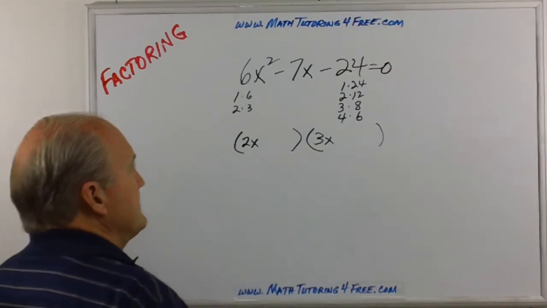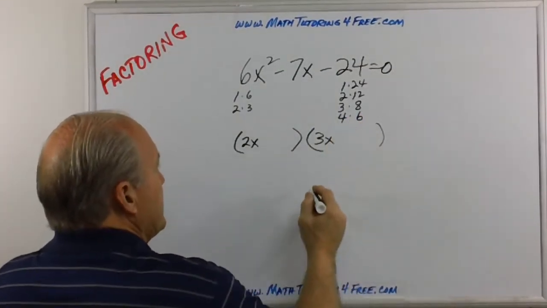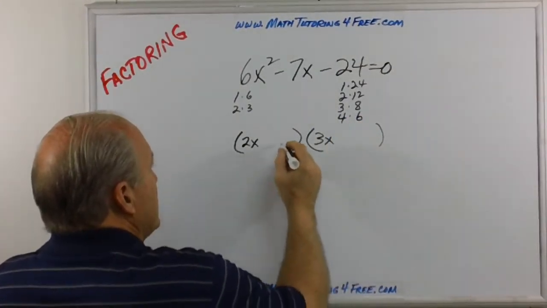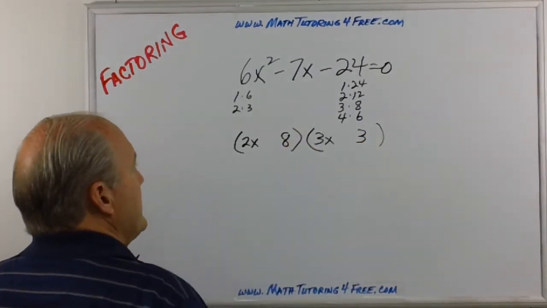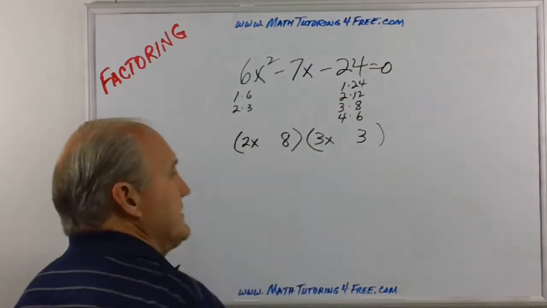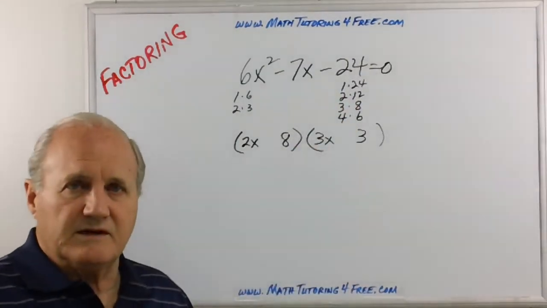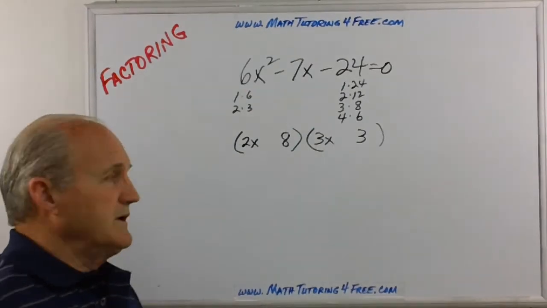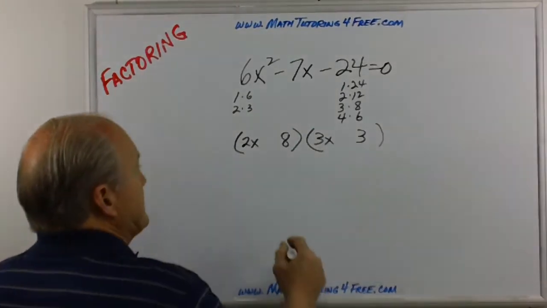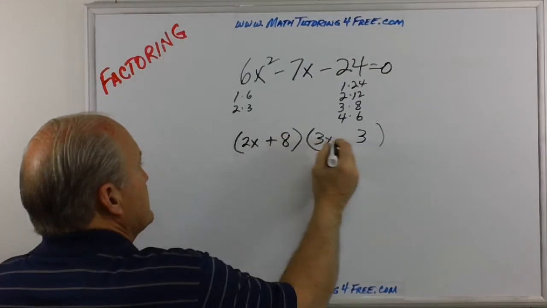Then I suggested we were going to go with 3 and 8. Let's start with 8 here and 3 here and see what we end up with. Now again, this number, our constant there, is a negative, so we know we have to have one positive and one negative.